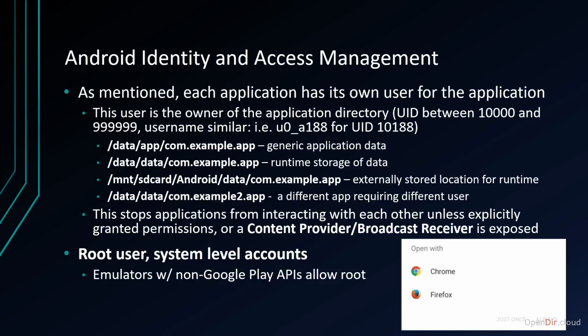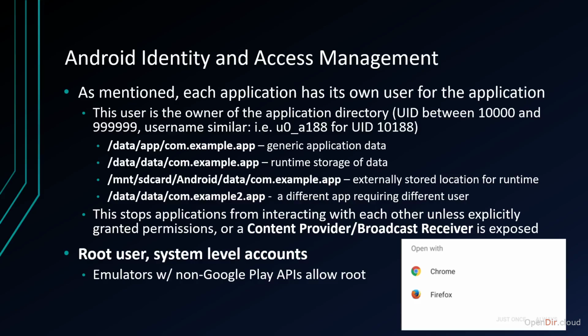That user is assigned a UID between 10,000 and 999,999, which translates to a username, usually something similar to u0_a188 for a UID corresponding to 10188, if that makes sense.